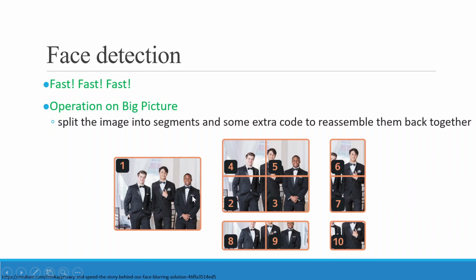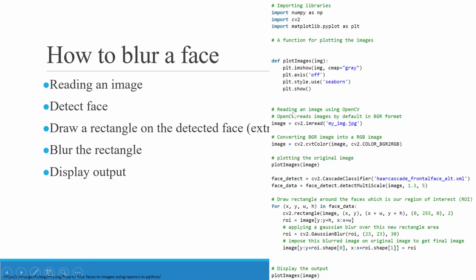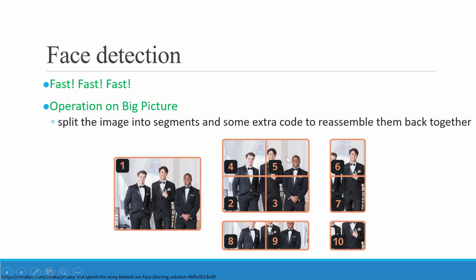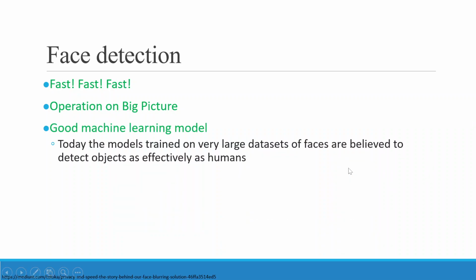This is the original image, and then we split this image into four sub-images, and then we just apply this workflow of face blurring on the four sub-images, and then reassemble them back together like this.